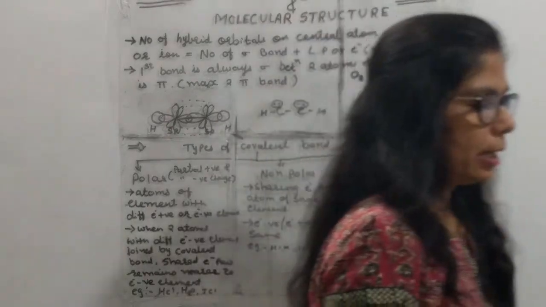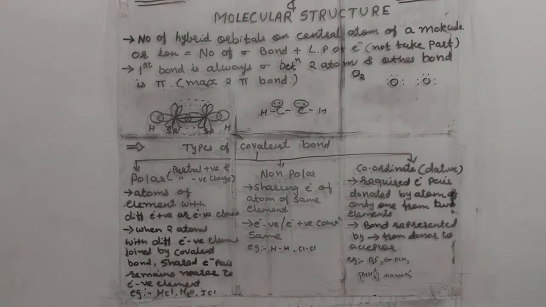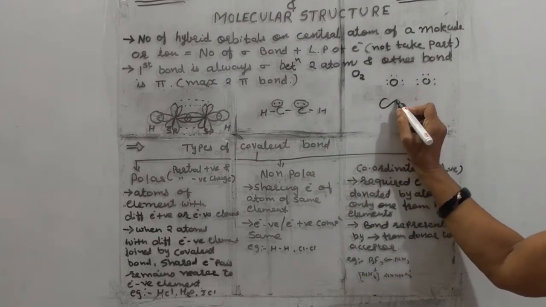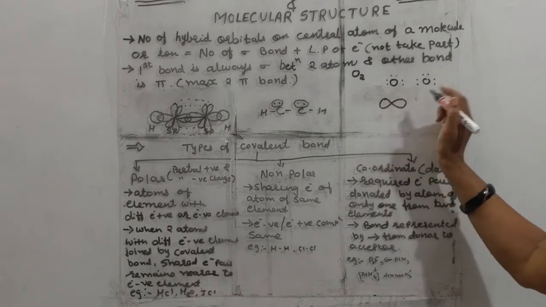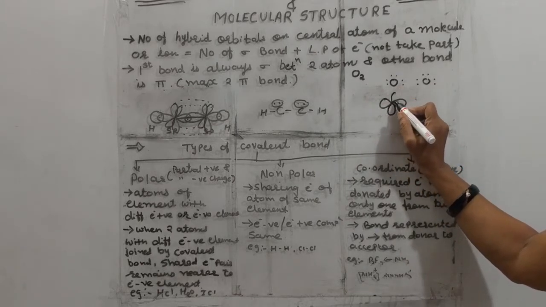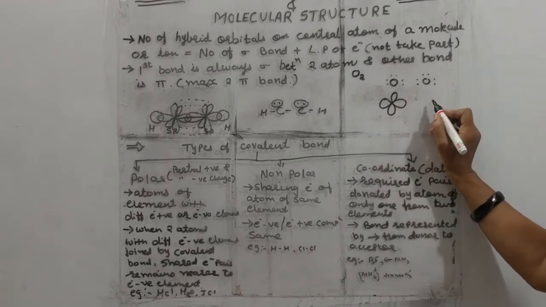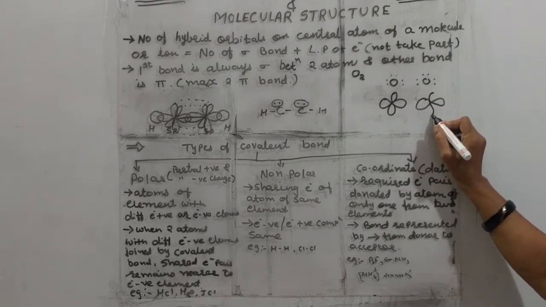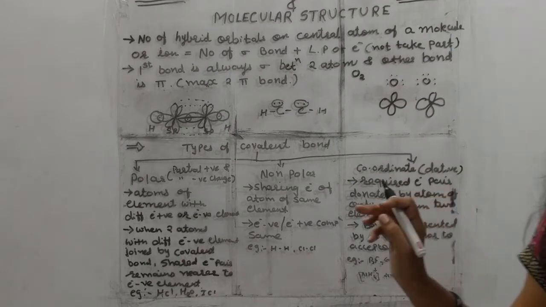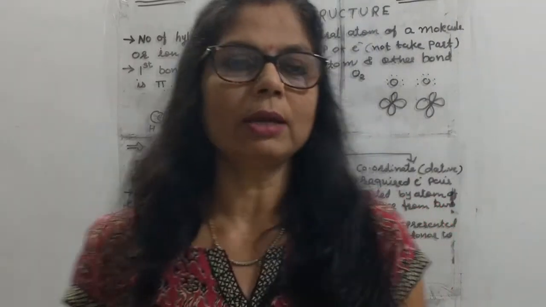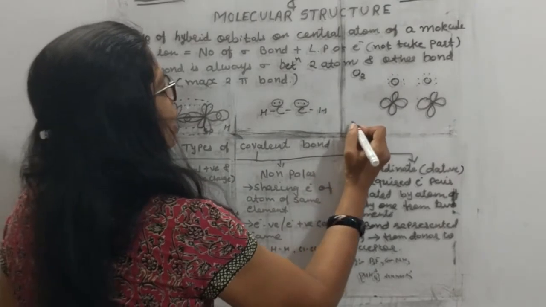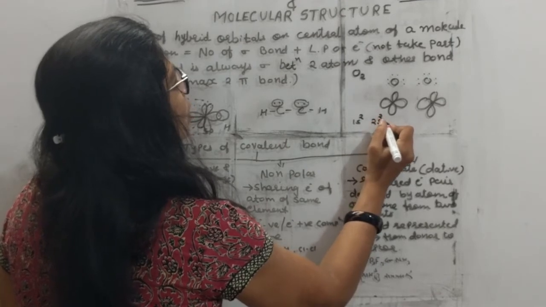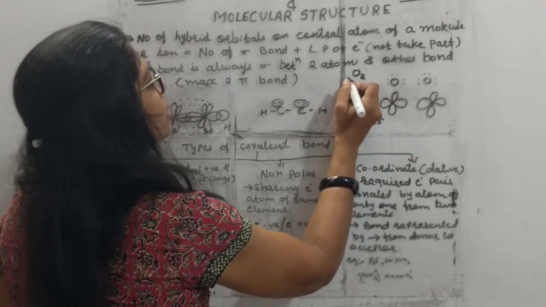Now as I said, this oxygen has px and py. So I'll draw. This is px for this oxygen and py for this oxygen. Same way, for this oxygen px and for this oxygen py. As for electronic configuration, I don't think I have to write it, but for oxygen, as you write, 1s2, 2s2, oxygen atomic number is 8.